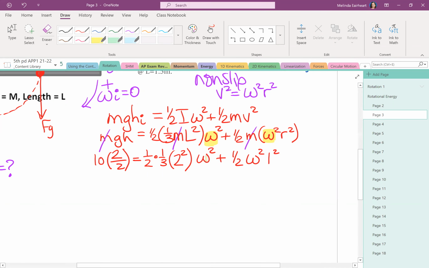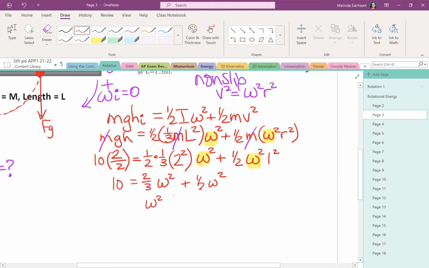And so now we have, it's just math now, right? We've got 1 variable, omega. It is in 2 places, but let's simplify the numbers. And so we get 10 equals, and then we'd have 2 squared, 4. 1/2 of 4 is 2, divided by 3. So we'd get 2/3 omega squared plus 1/2 omega squared.